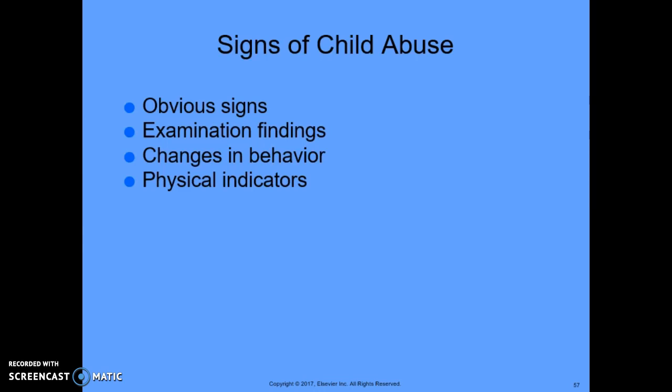So some examples may be suspicious stories of accidents, frequent trips to the emergency room, bruising, overly passive and compliant behavior, aggression, poor hygiene, malnutrition. These might all be some possible signs.